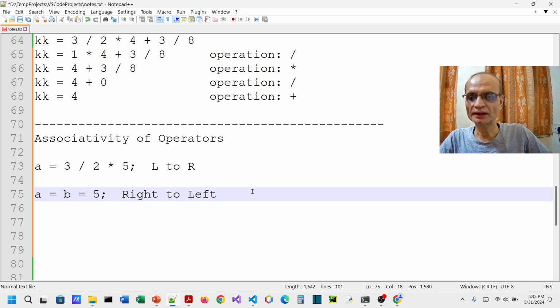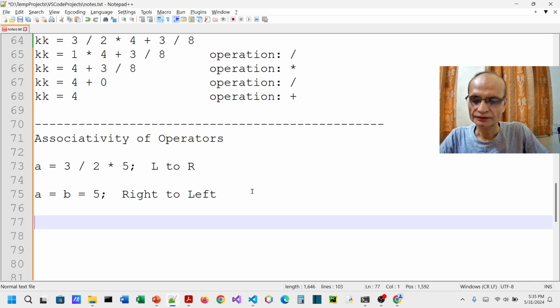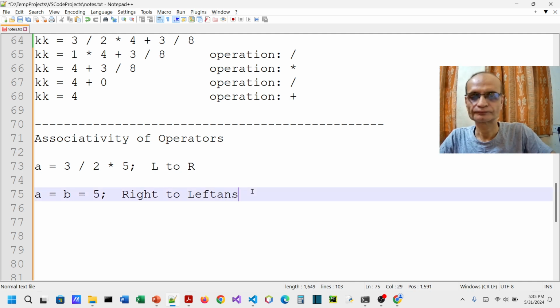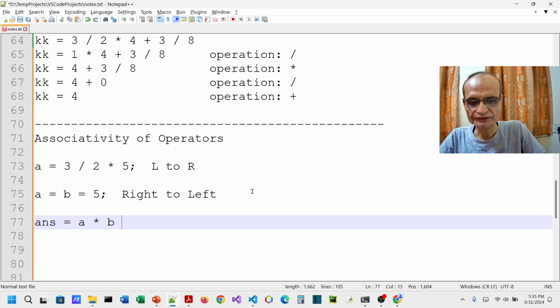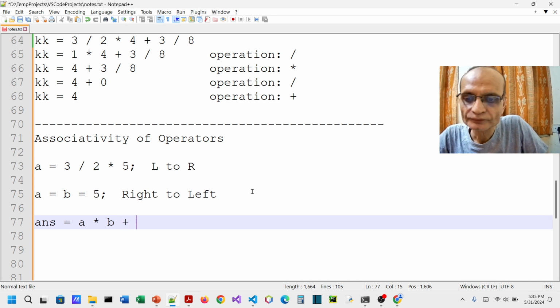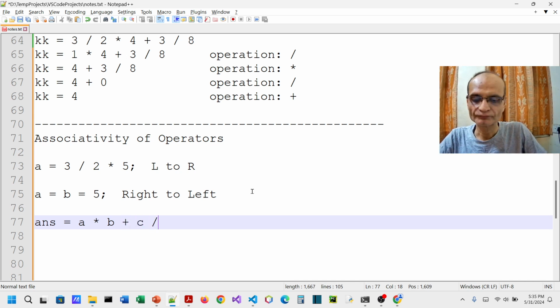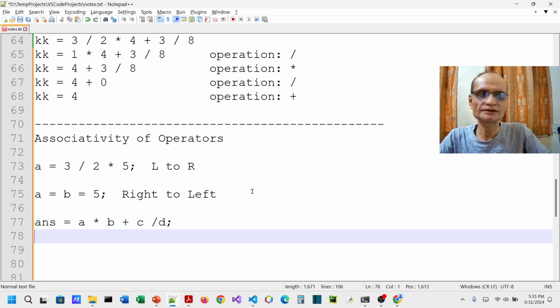Another issue can be like you have, let's say, an expression, some answer variable, given as A multiplied by B plus C by D. If this is an expression which is given to me, now what is happening?